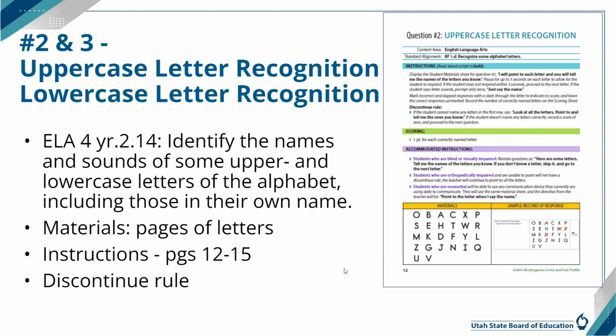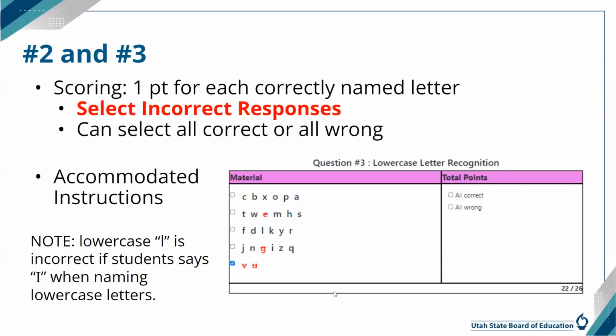Okay, so when we're scoring this item, you're going to indicate incorrect responses. So if it's correct, we're just going to leave it alone and we're going to look at those incorrect responses. So if you're doing it on paper, on the paper scoring sheet, you're going to put a slash through anything that the student named incorrectly.